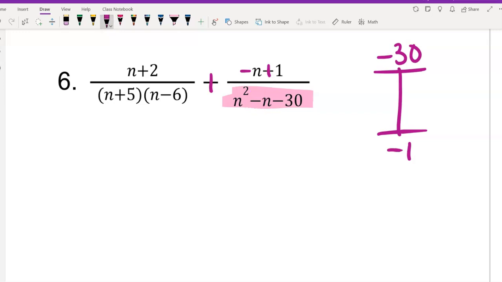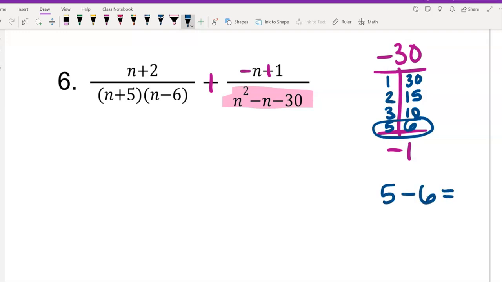All right, so factors of 30, we got 1 and 30, 2 and 15, 3 and 10, 5 and 6. All right, which of these pairs has a difference of 1? 5 and 6. Now, which number needs to be negative to add up to a negative 1?